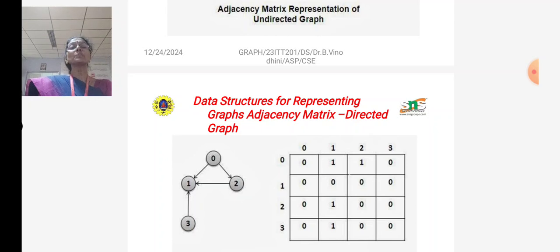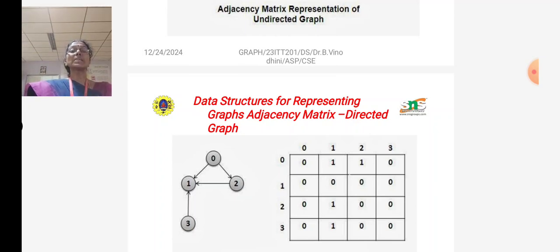For example, consider node 2: how many outgoing edges does it have? We have only one outgoing edge, to 1. So the adjacent of 2 is 1, and that node we mark as 1.